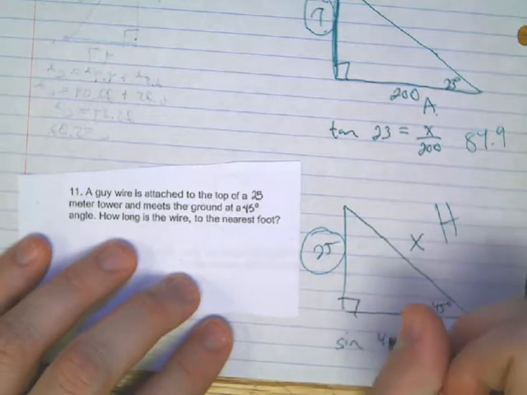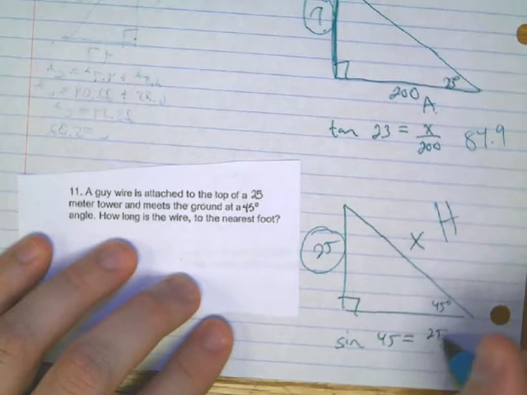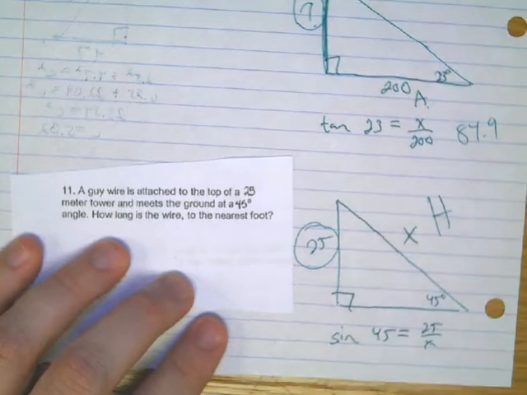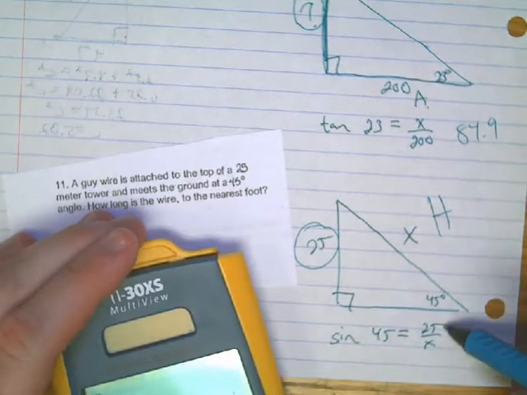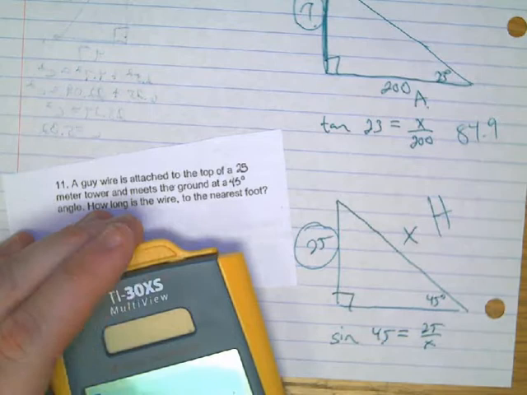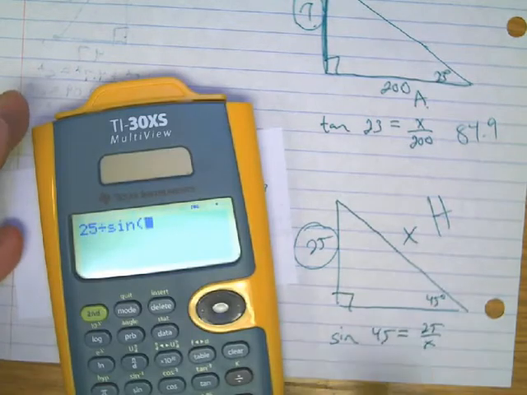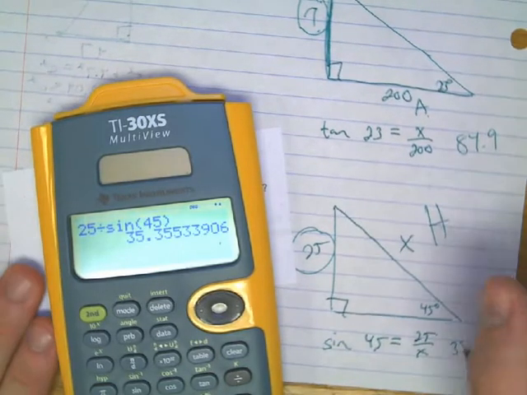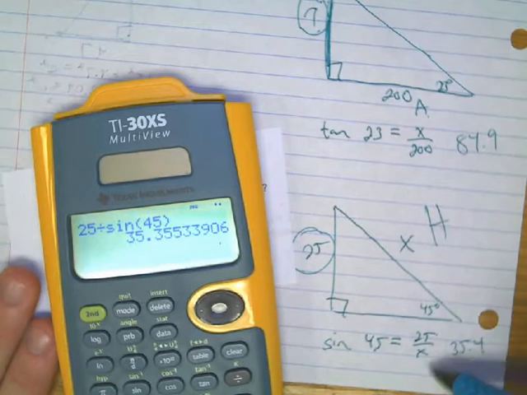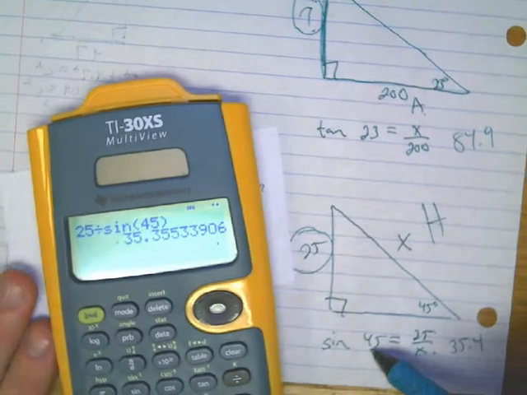O over H, 25 over X. I'm going to divide this guy by that guy to get my answer. 25 divided by sine of 45, 35.4. Once again, when the variable's on the bottom, you take this and divide it by that. That is when the variable's on bottom.